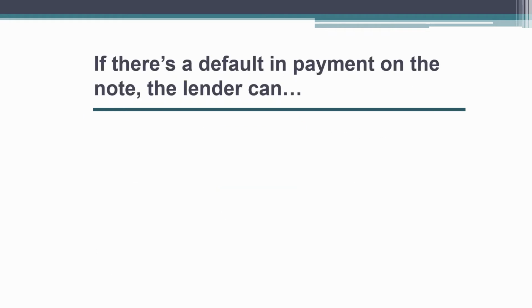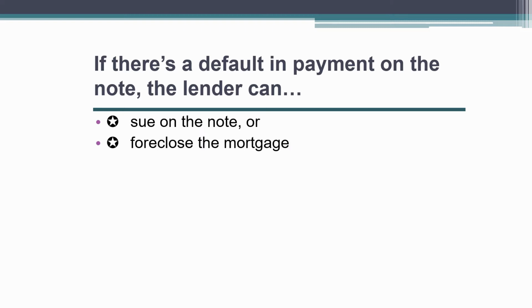If the borrower defaults in making the payments on the note, the lender has a couple of choices. First, the lender could sue directly on the note, much like an ordinary contract action, and sue for the money. Alternatively, the lender can foreclose the mortgage, and that is what happens most of the time, because foreclosing the mortgage seems like the most certain and immediate way to collect the money from the borrower.